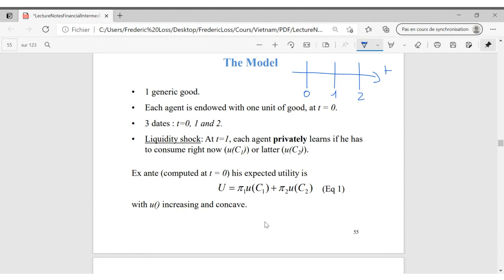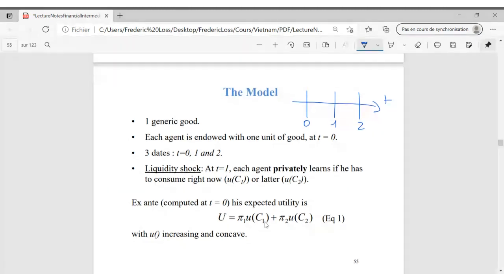And possibly there is a liquidity shock at t equals 1. It is not 100% sure, it can happen or not. And this liquidity shock is going to affect one person, not everybody. This is not a macroeconomic shock, okay?